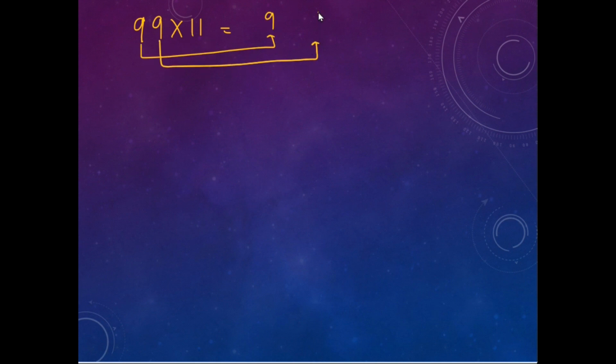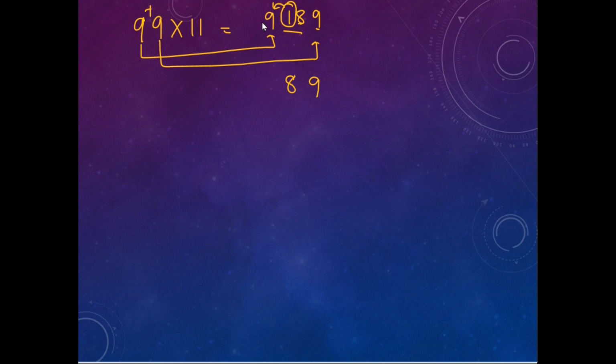So let's take a bigger number, 99 multiplied by 11. Now the strategy remains the same. 9 will go in the first place. This 9 will go in the last place. And in the center you will have 9 plus 9, which is 18. Now this 8 will stay here, and this 1 will get carried over.